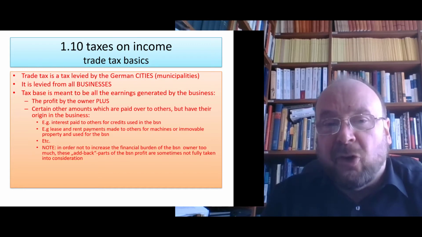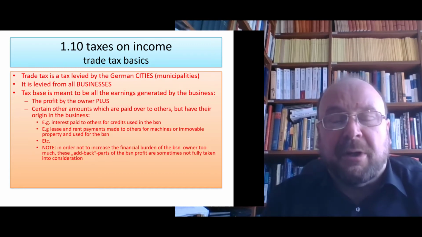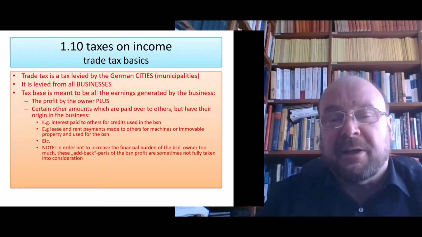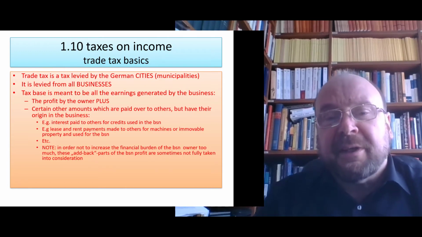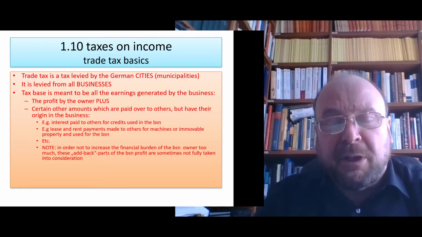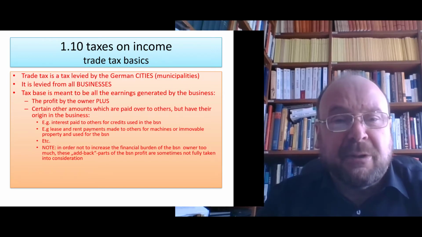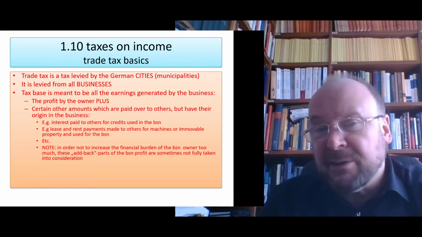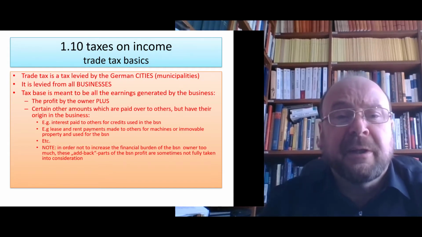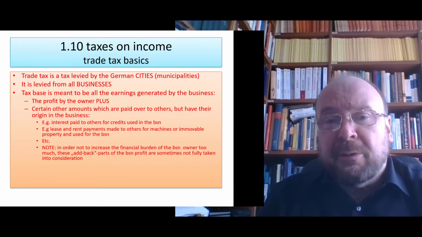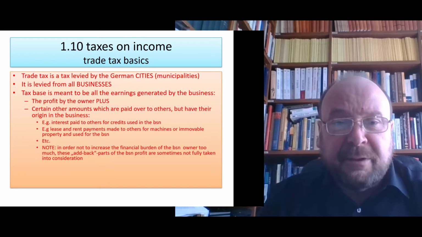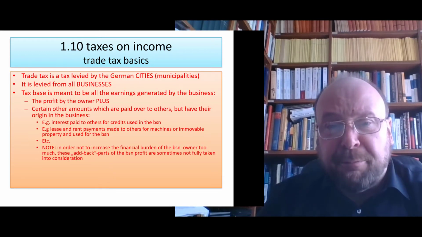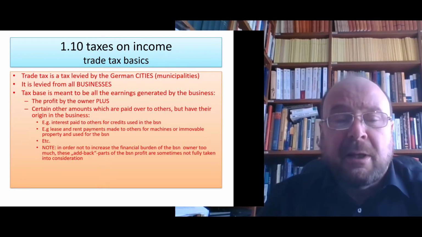Normally, if you know about the rules, well, it's just a part of your calculation that you think, okay, if I have to pay 1 million license fees, that is for me not 1 million, but 1 million plus the trade tax on that 1 million. So perhaps it is 1.2 million. So that would probably not have a huge impact if you're well informed, but not everybody is.